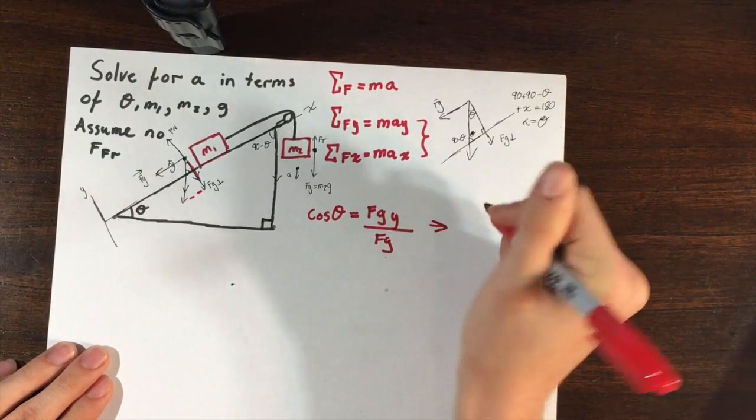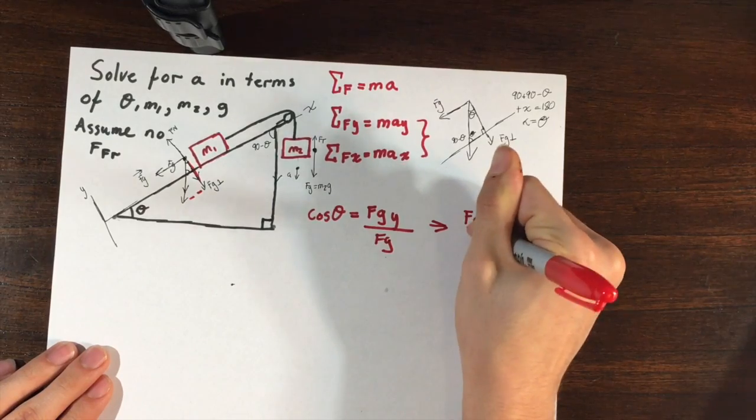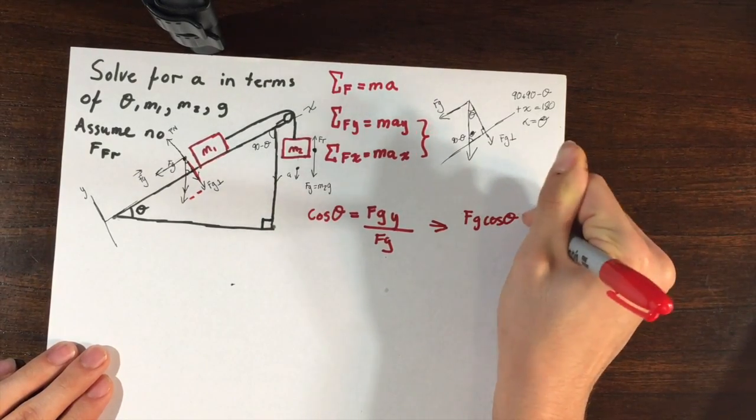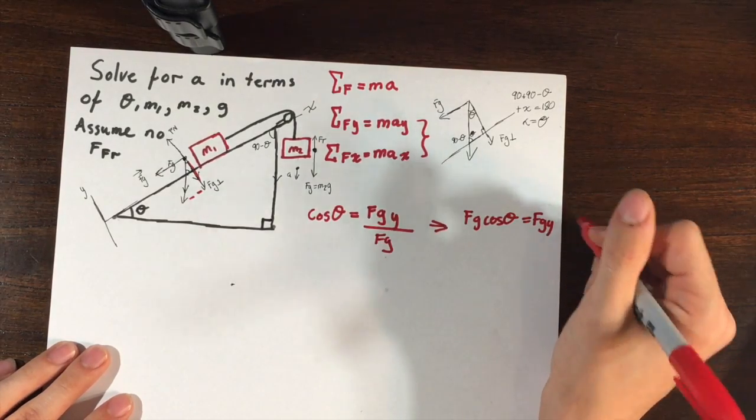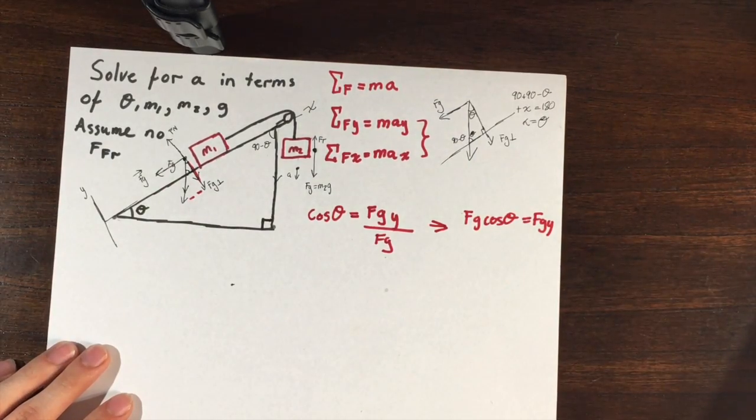Then we get Fg cosine theta is equal to our force gravity in our y direction.